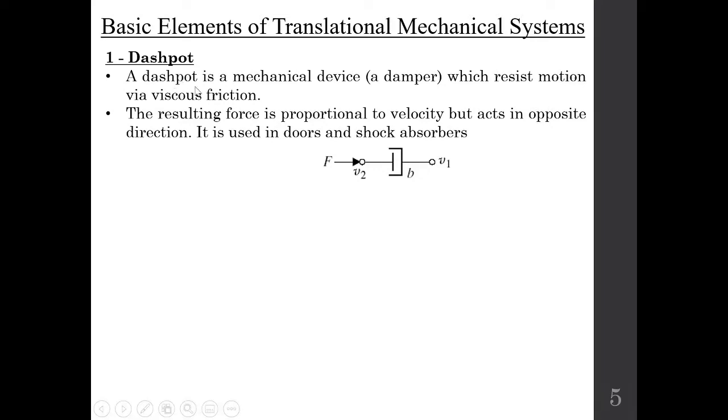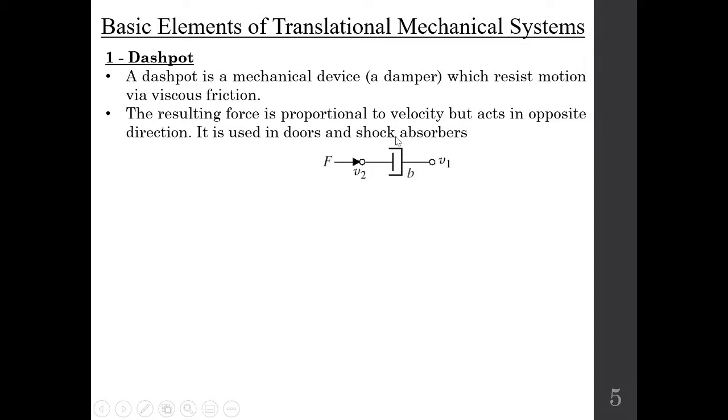We have the dashpot. A dashpot is a mechanical device which produces a damping effect. It resists motion via viscous friction. So the resulting force applied by a dashpot is proportional to the velocity, but it acts in the opposite direction to the applied force.